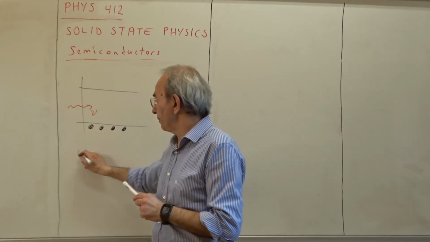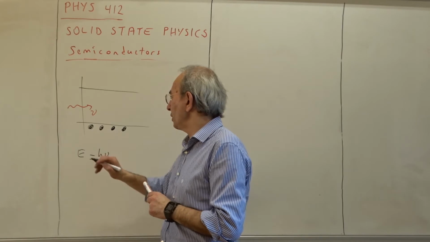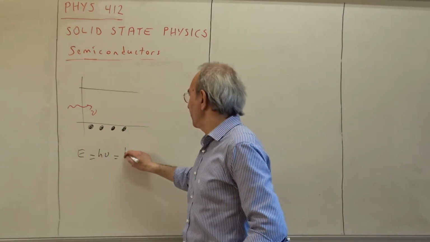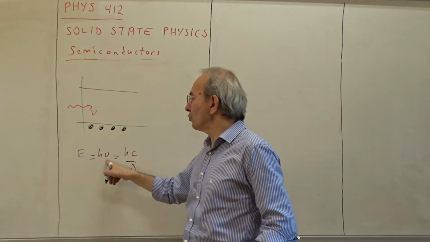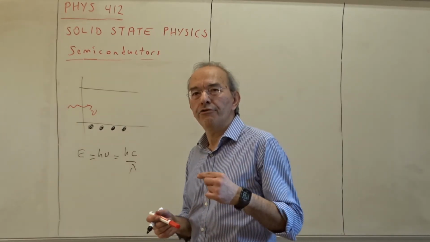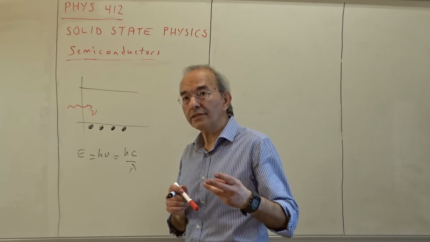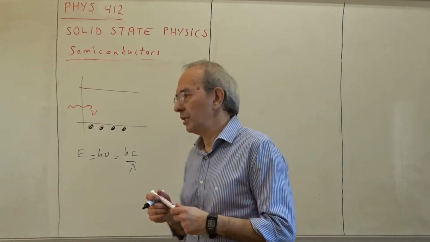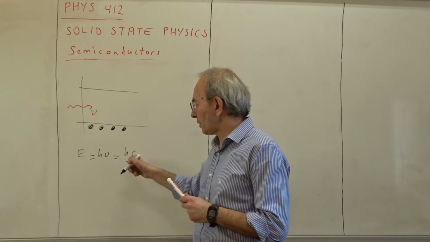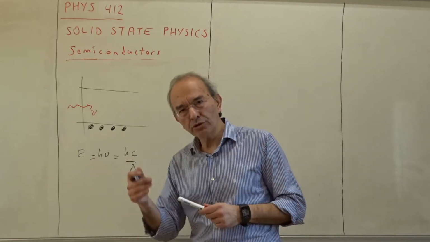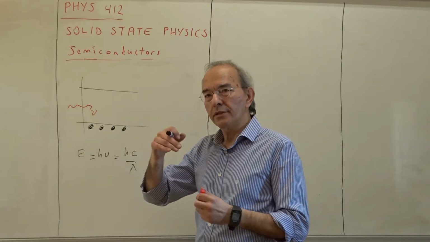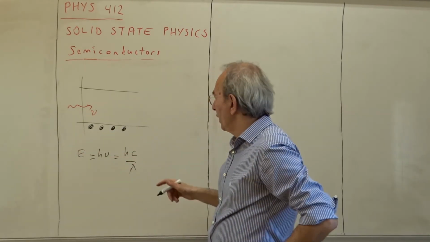So it has some energy. That energy is, remember, h nu, or we can write it as h c over lambda. Nu is the frequency in terms of hertz, and lambda is the wavelength in terms of meters in general. c is the speed of light, h is Planck's constant.